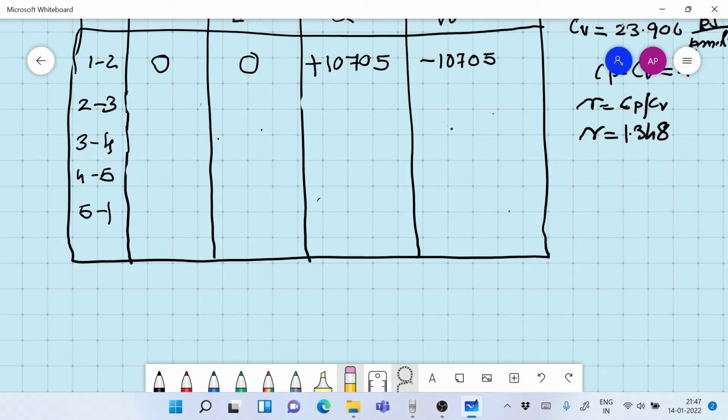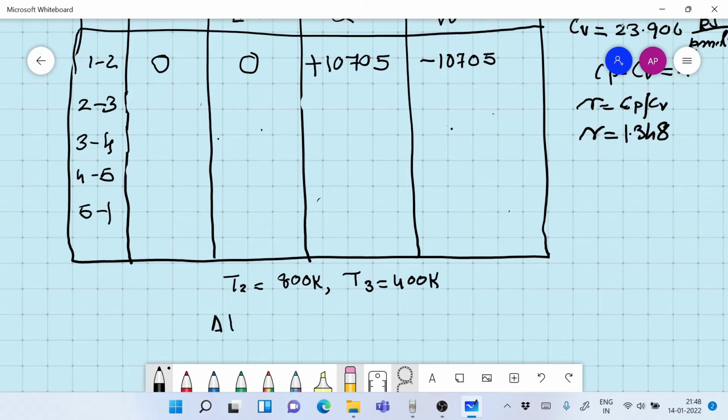Now, process 2-3 is a constant volume process. Now, for this constant volume process, T2 is equal to 800 Kelvin and T3 is equal to 400 Kelvin.